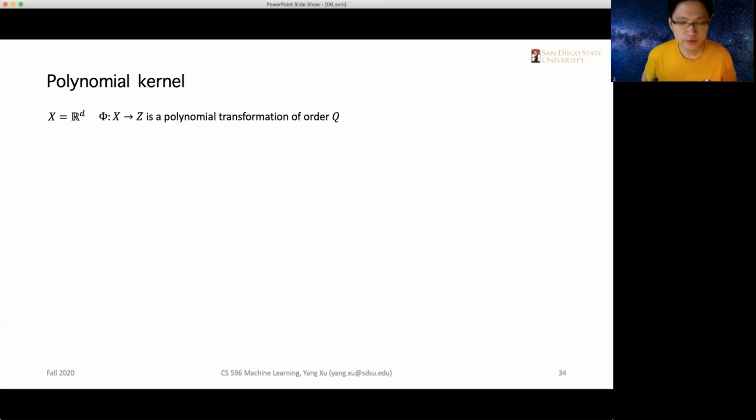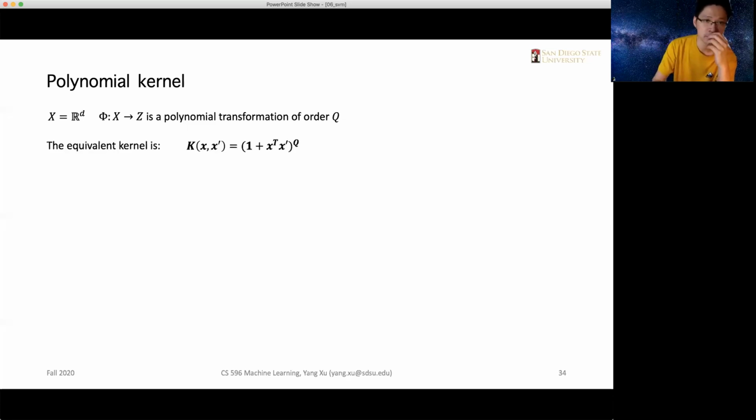We are basically transforming X into some higher order polynomial terms, but we don't need to know the exact form of the polynomial transformation. We just need to know the kernel, which is decided by 1 plus the inner product in X space raised to the power of Q. And this kernel represents the inner product in Z space.